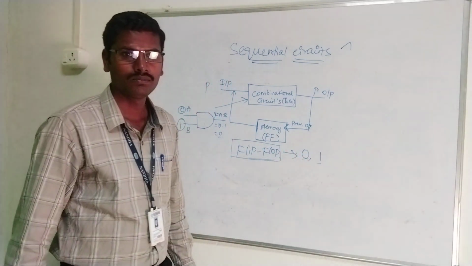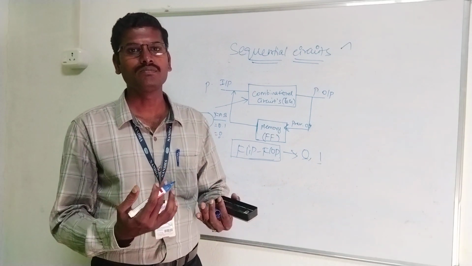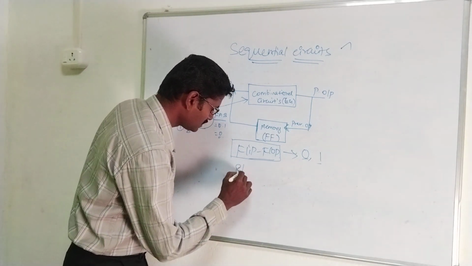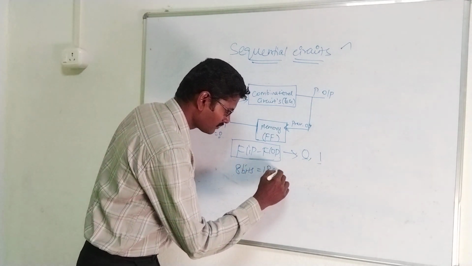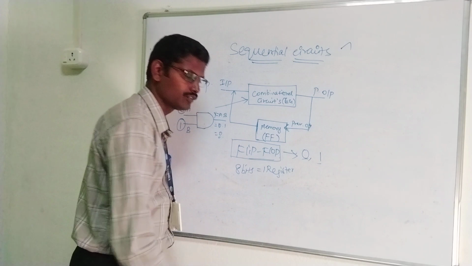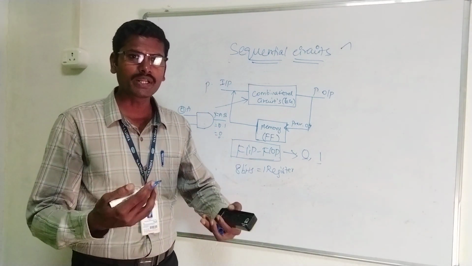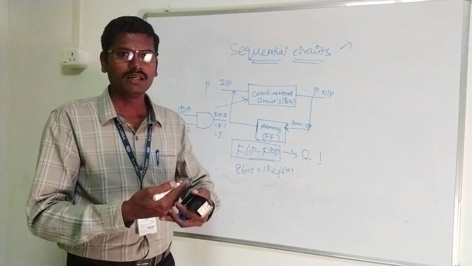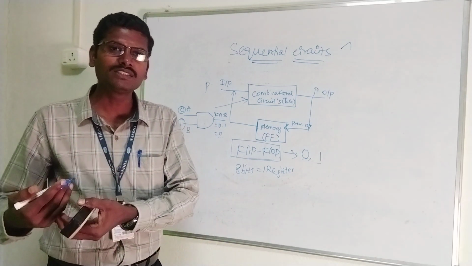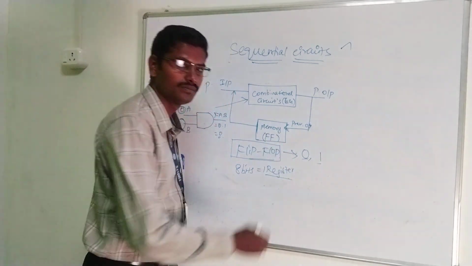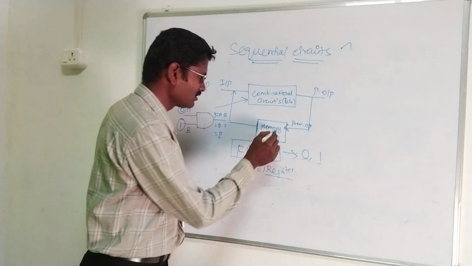A group of flip-flops combine to form a register. Normally 8 bits is equal to 1 register. So if we use 8 flip-flops to store 8 bits, then it is known as a register. A group of registers is commonly known as memory.